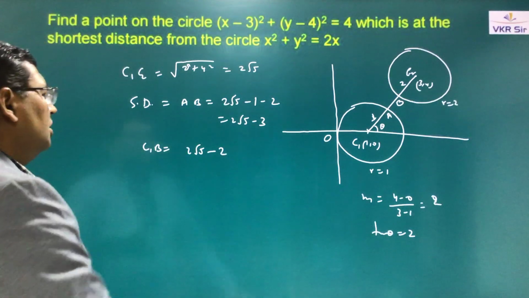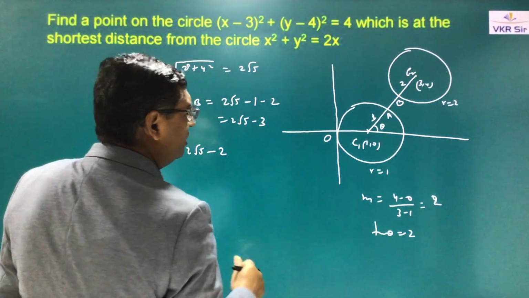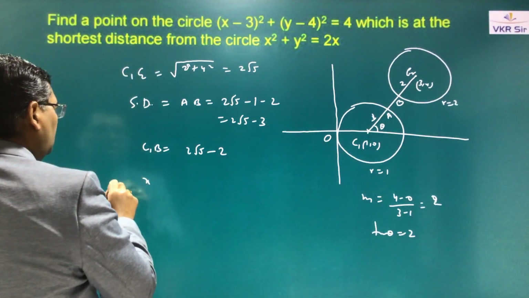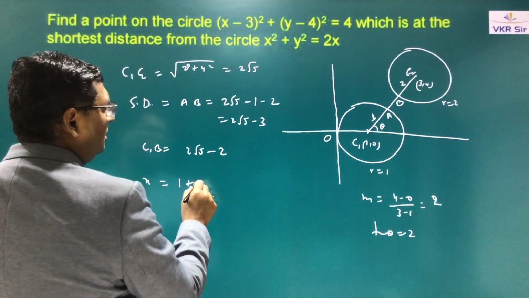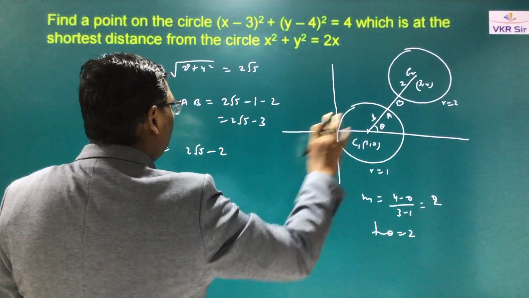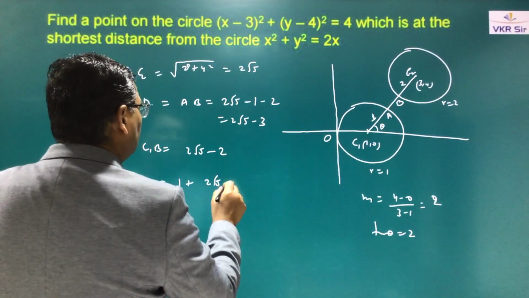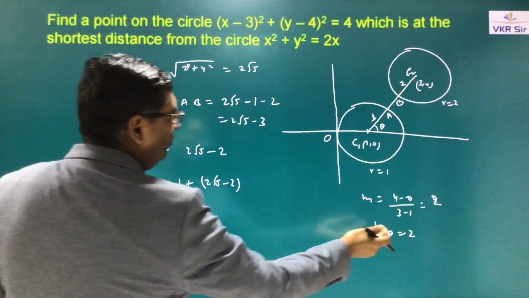So what we will do is take the slope into account and use parametric coordinates to get the coordinates of B. I will use 1 plus r cos theta. How much is the distance C1B? This much, 2 root 5 minus 2. This is the total distance travelled, times cos theta. Cos theta will come from here.